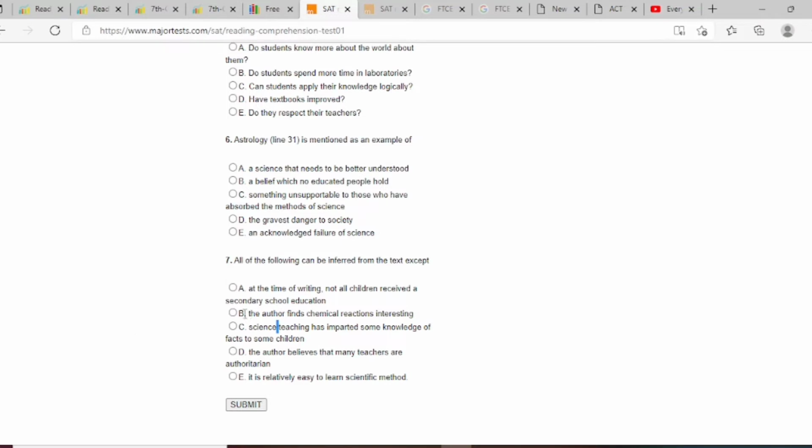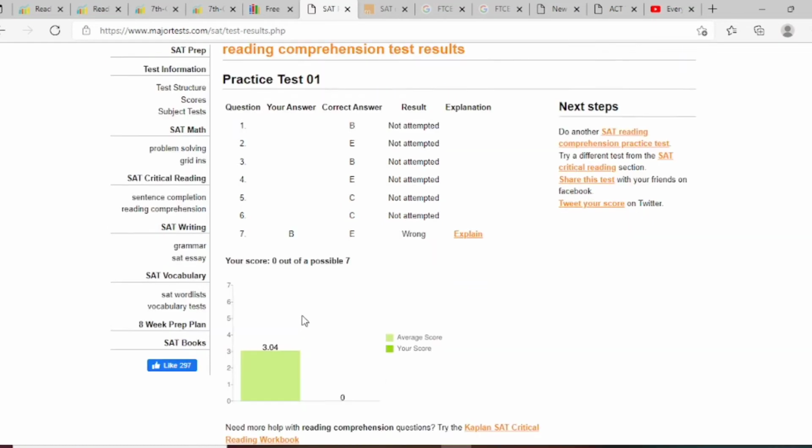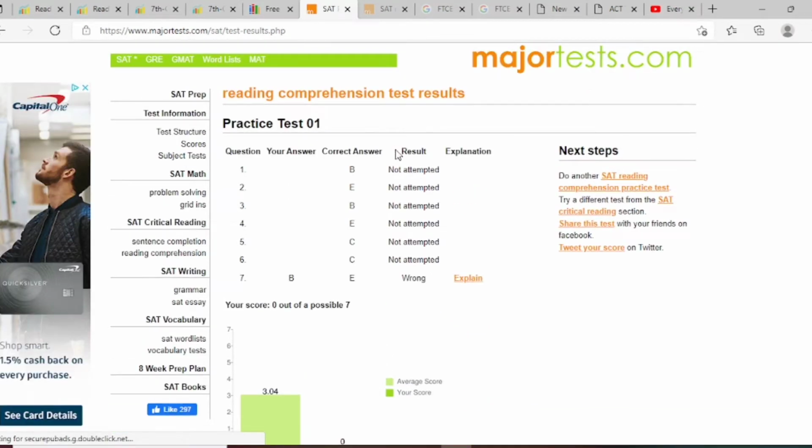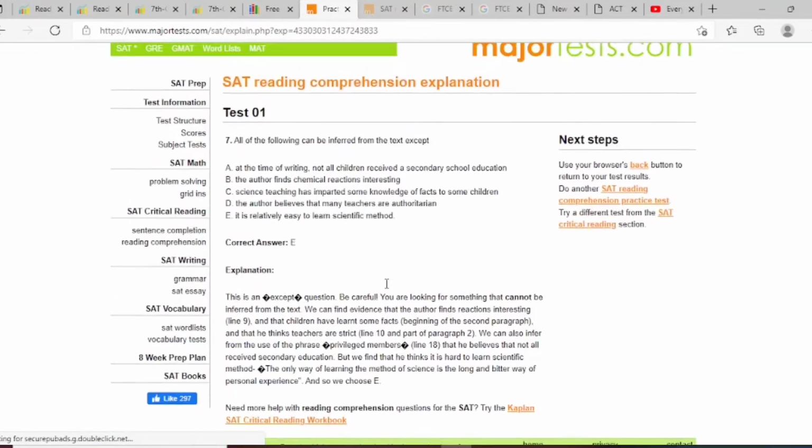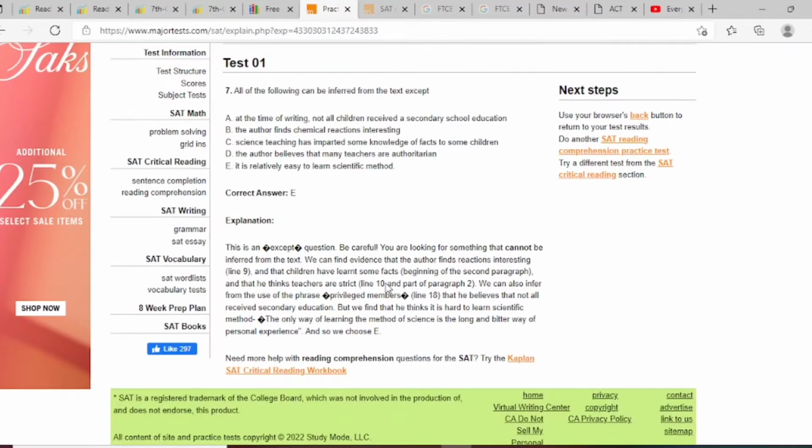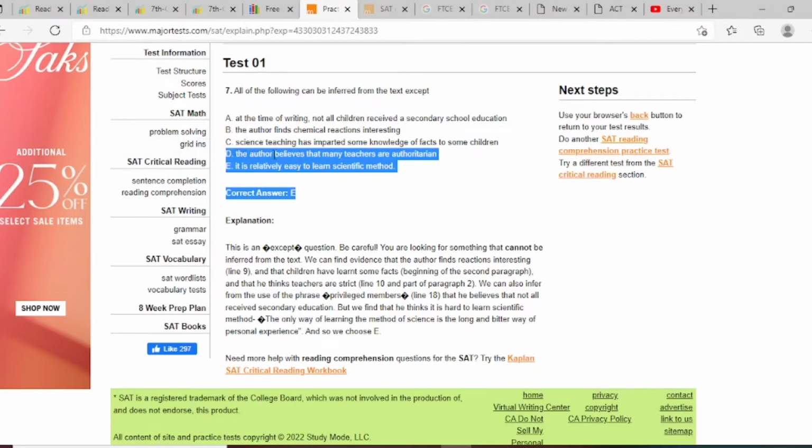When you're finished answering the questions, you press submit, and it shows you what you got wrong and what you got right. Then you can press on the explanation, and it will explain why it is the correct answer.